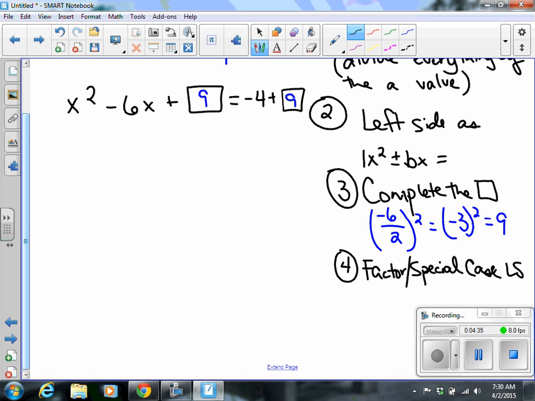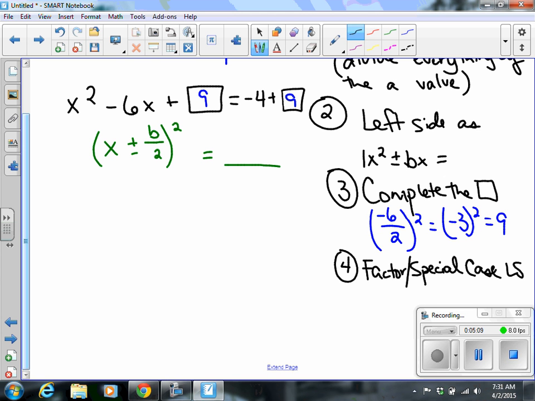That means that this form here is x plus or minus your b over 2, squared, equals whatever this simplifies down to.